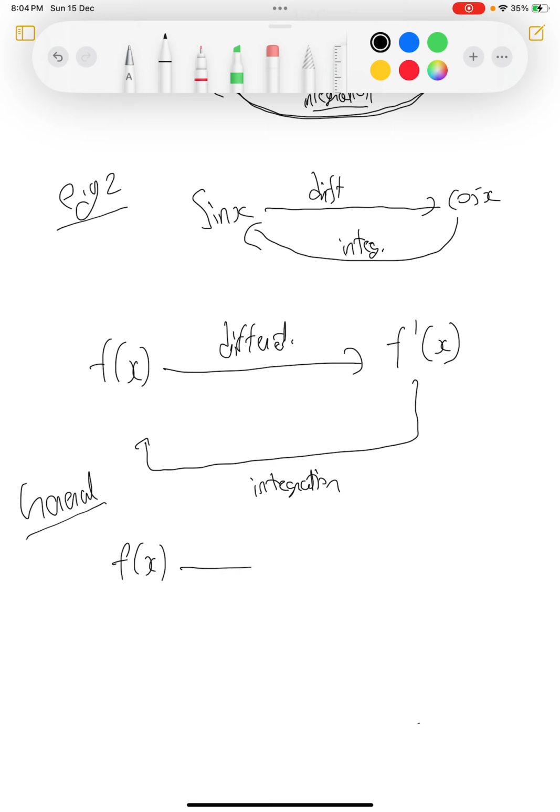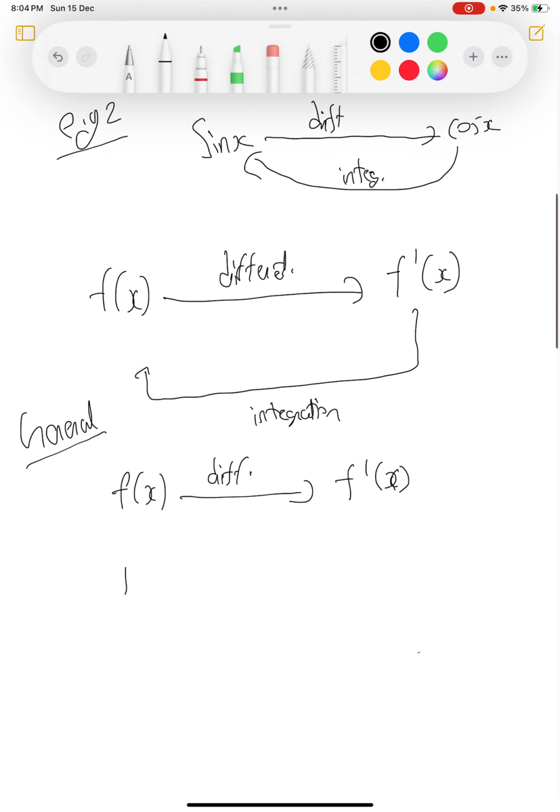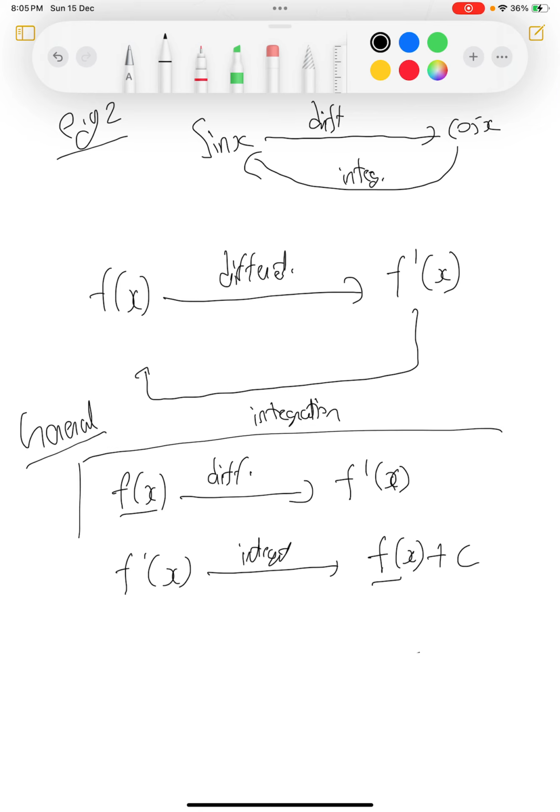If I differentiate f of x, I will get f dash x. Now if I integrate f dash x, I will get f of x, the same original function, plus a constant. This is the general form.